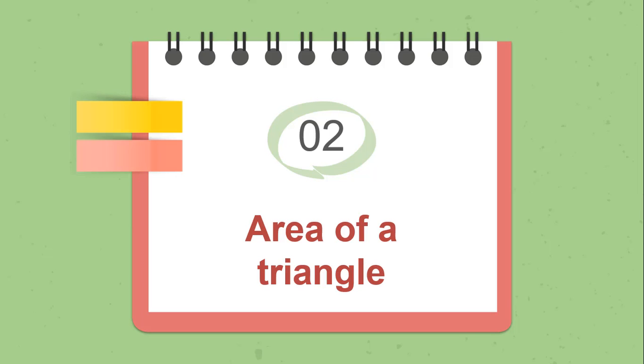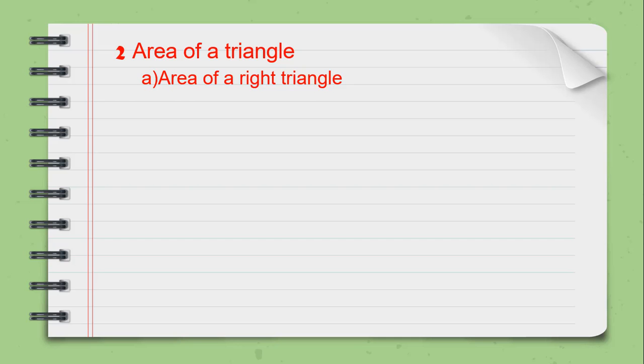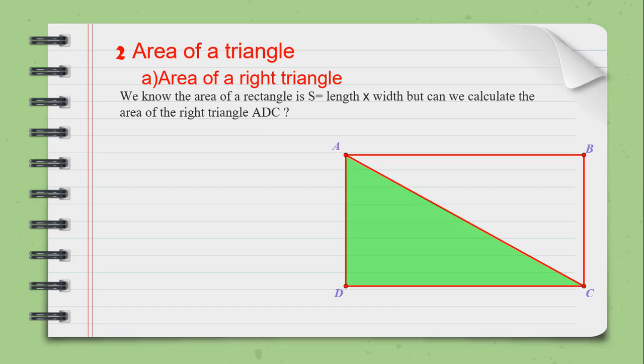Moving on. 2. Area of a triangle. Before we start, we'll go to a more specific case. Here is the area of a right triangle. We already know the area of a rectangle is S equals length times width. But can we calculate the area of the right triangle ADC as given here?